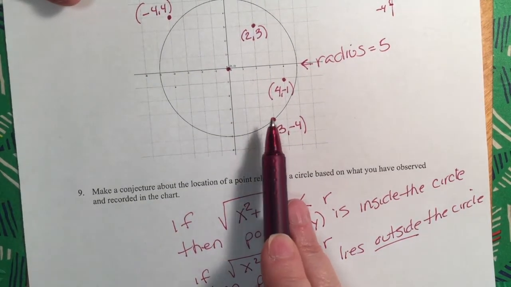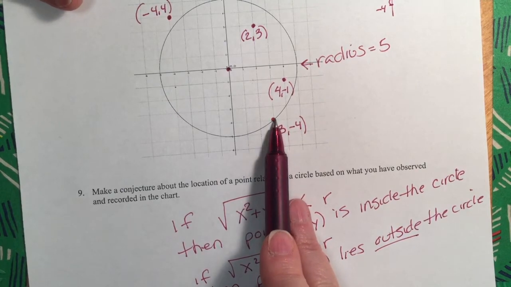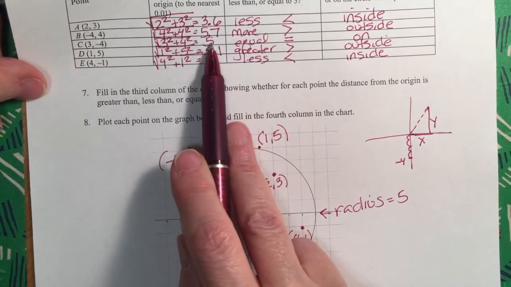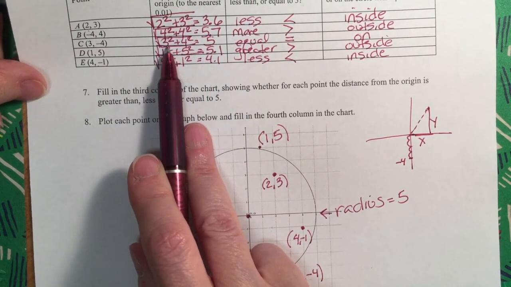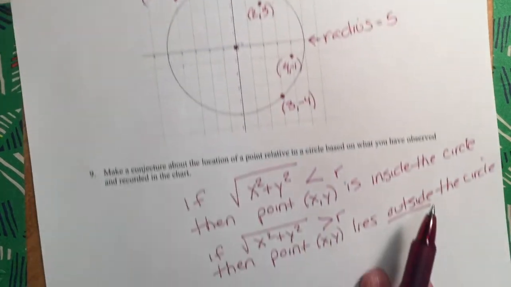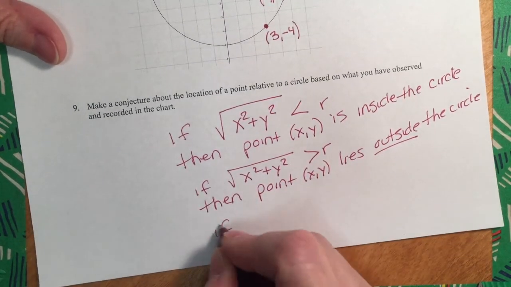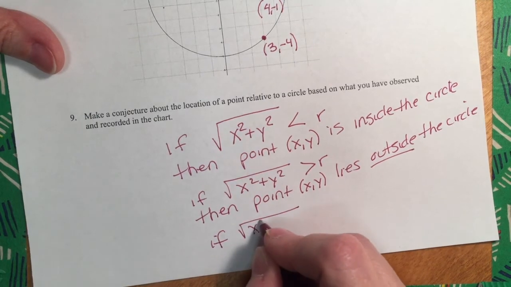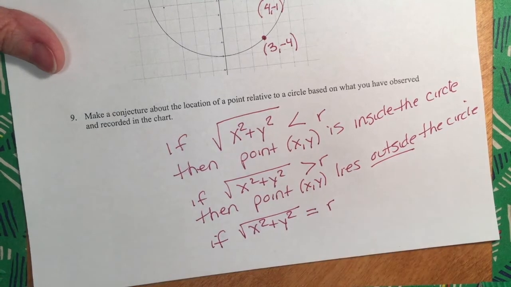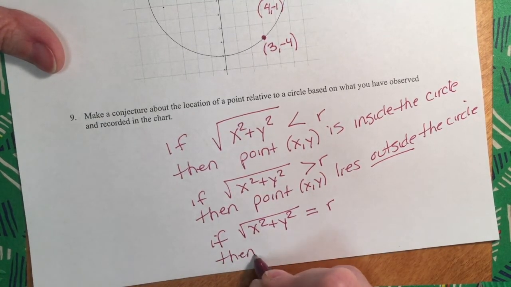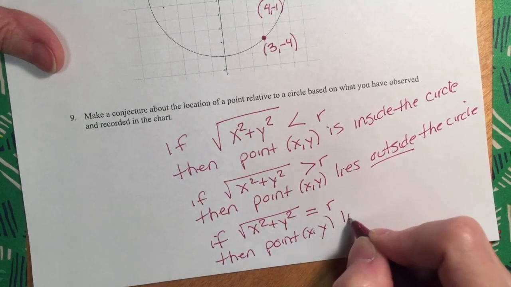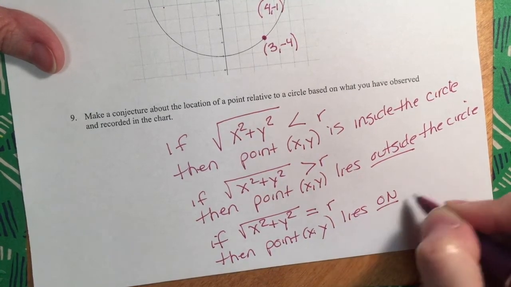What makes the point be exactly lying on the circle? That only happens when the square root of x squared plus y squared is exactly equal to the radius. So if the square root of x squared plus y squared equals the radius, then point xy lies on the circle.